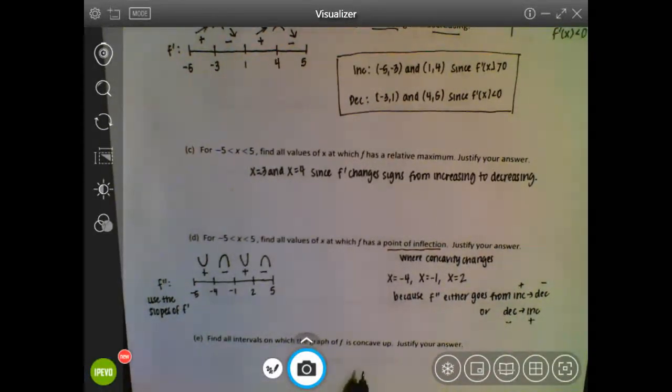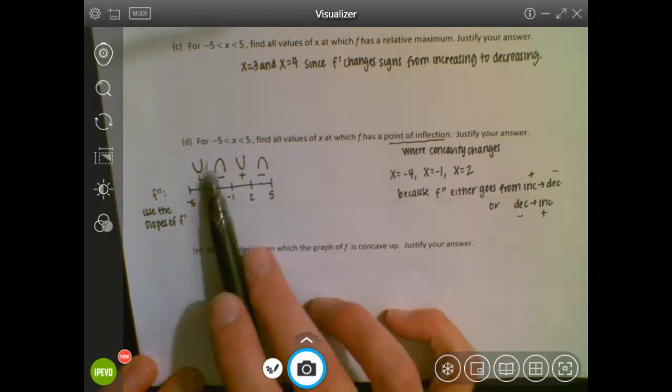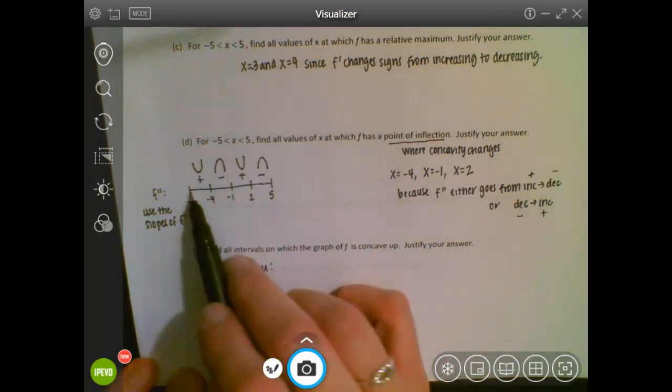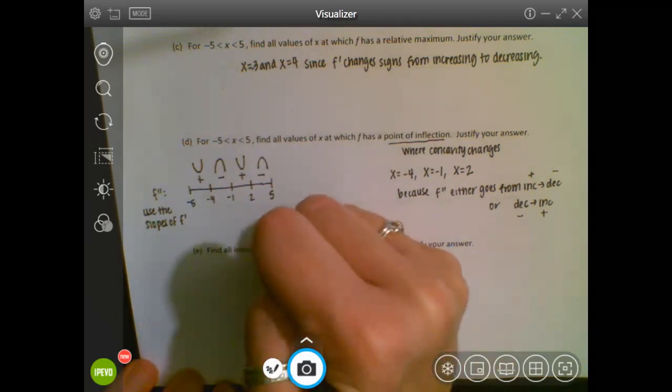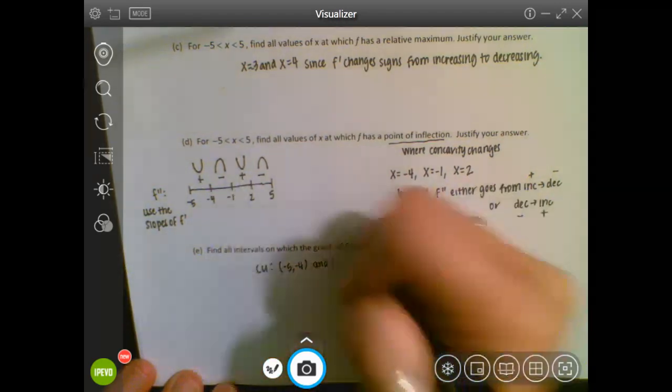So then if I want to identify the intervals where we're concave up, well, this little sign chart over here is really helpful for that, because now we know exactly that we are concave up, or CU, from -5 to -4, and from -1 to 2.